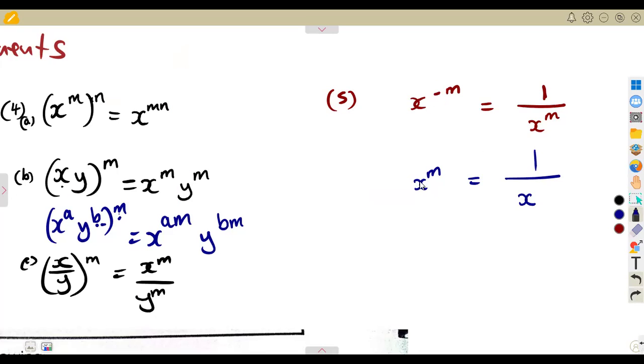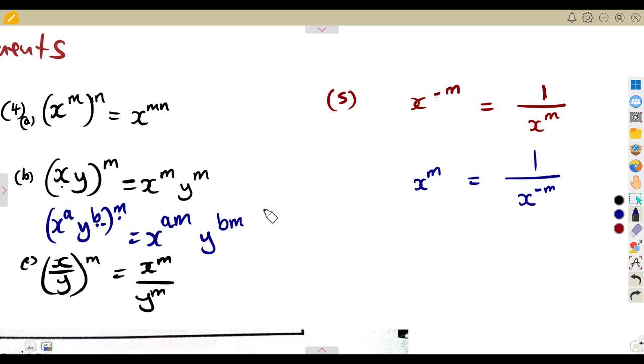Here it's a positive, so here it's going to be a negative. Positive, negative, negative, positive. The moment you introduce 1 over, this sign is going to change, just like that.